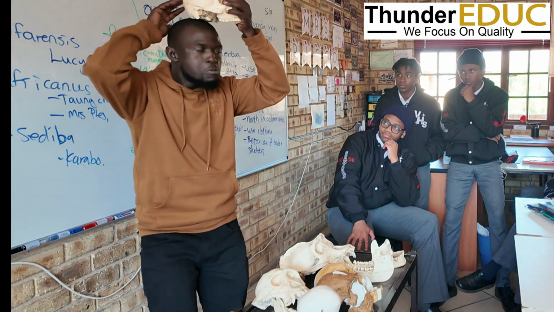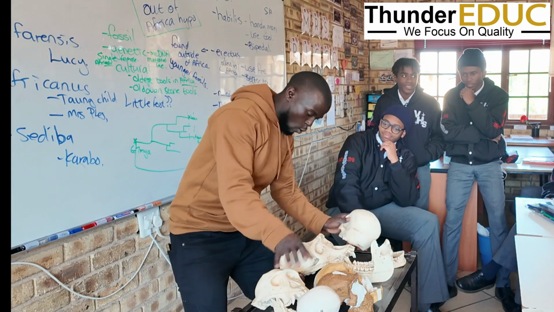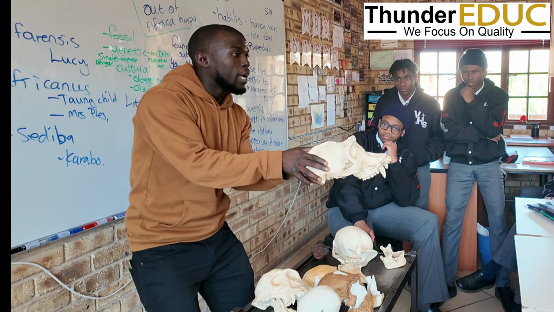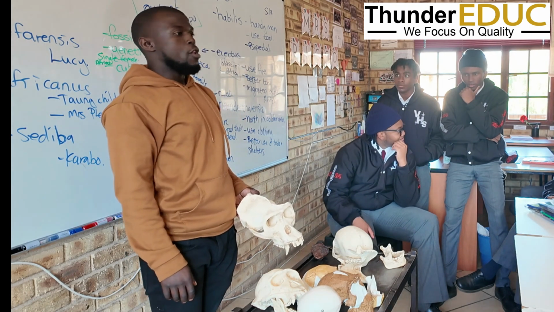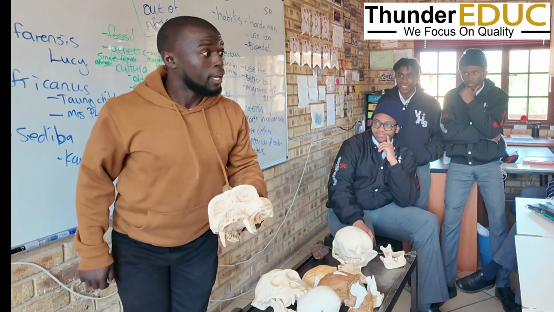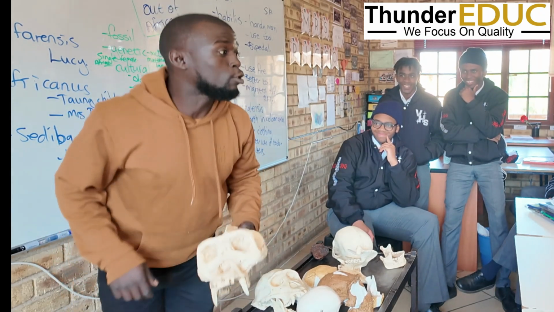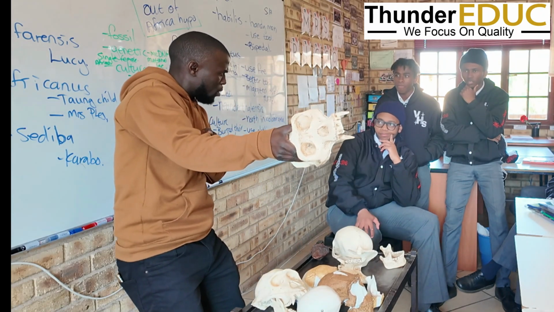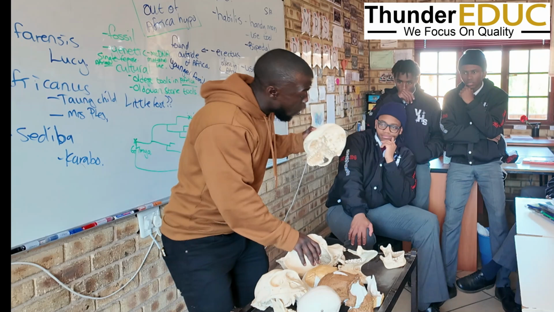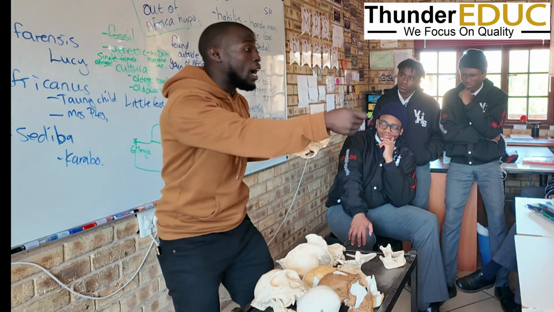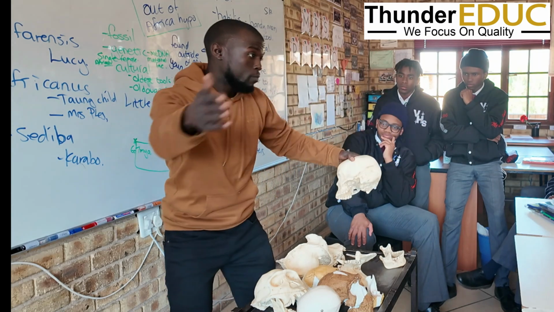How would you have walked? That's why you see this is a little bit at the back. Can it stand straight like this? No. That's why you know that gorilla on TikTok, he's trying to show you that this is a little bit at the back. So the position of the foramen magnum will determine whether you are bipedal or quadrupedal.